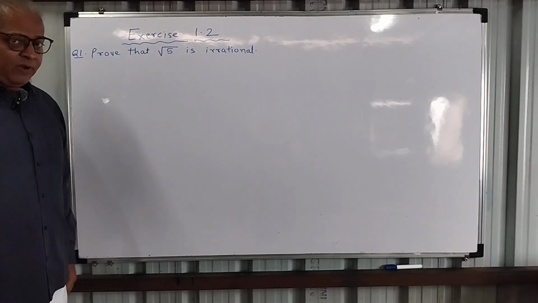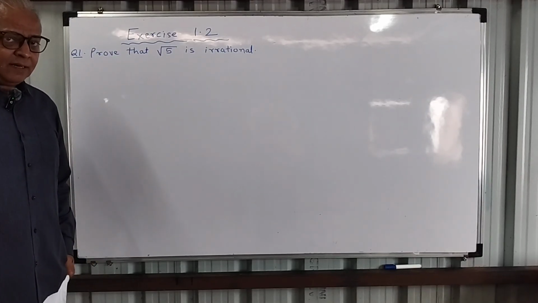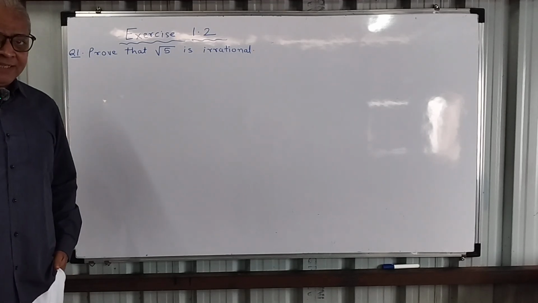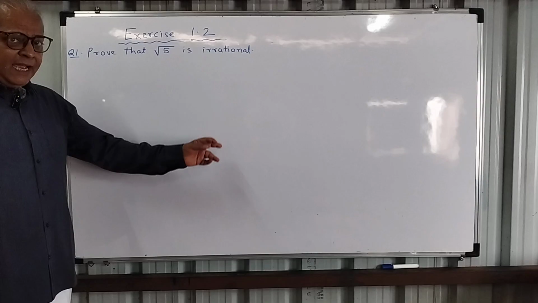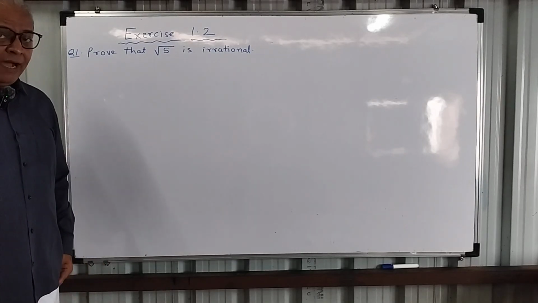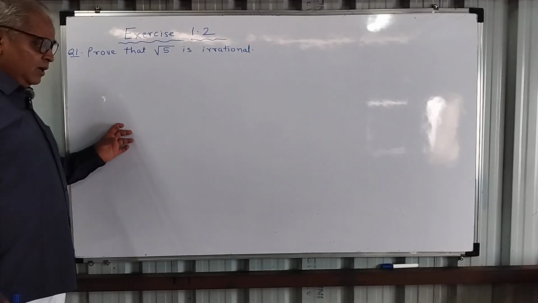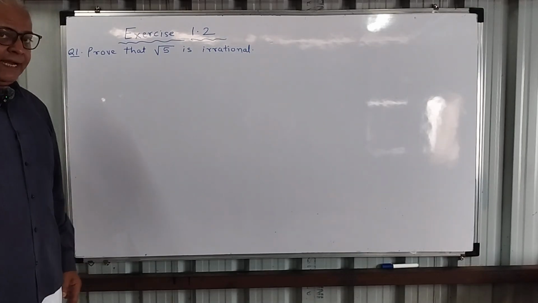Everyone knows root 5 is irrational, but today we will prove why root 5 is irrational. Root 5 irrational आहे. Why it is irrational, that is to be proved. Here we will prove this by indirect proof.